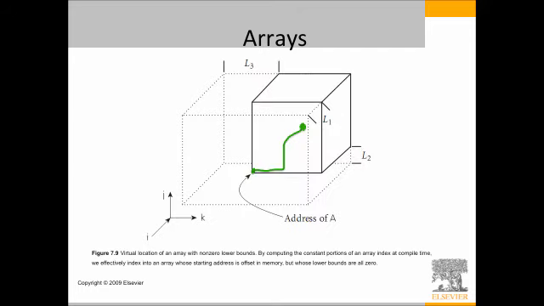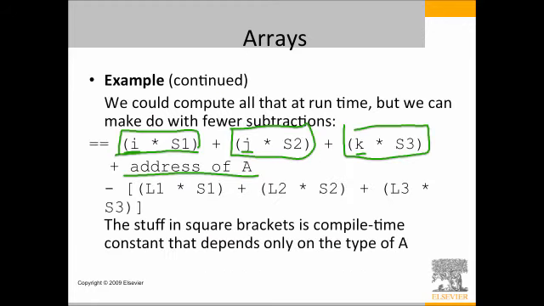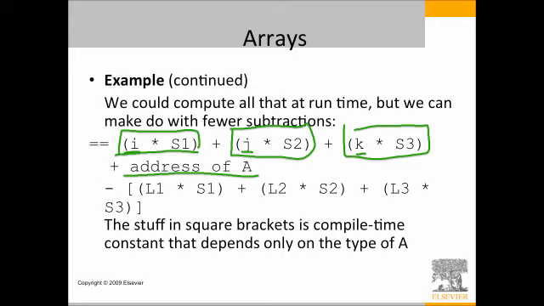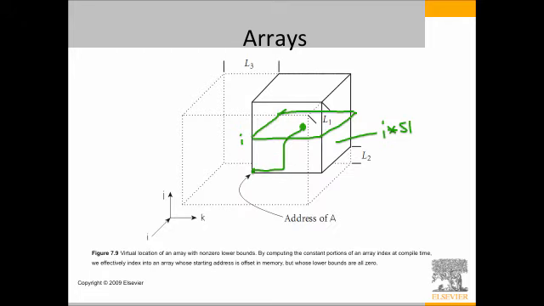So going back here, what we're doing is, first of all, with the computation i times S1, let's say that i was right here, so we have to get up to this point in the array. So the i times S1 gets us up there. Then looking at j times S2, that's getting us somewhere.